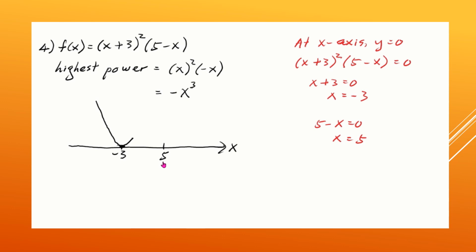Next, we go to x equals 5. When we look at the factor 5 minus x, that is power 1, so the curve will just go through the point x equals 5. So finally, we get the shape of this polynomial function.